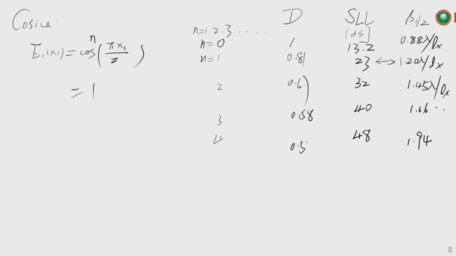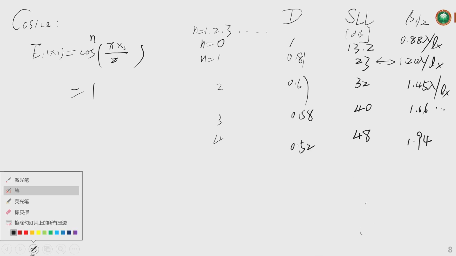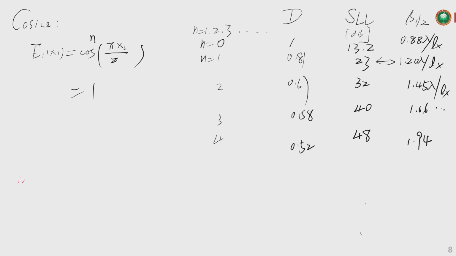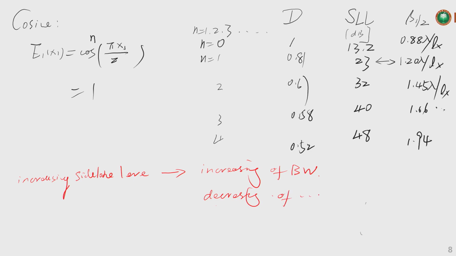858, 852. So for the static condition, when we set a non-uniform distribution illumination and want to reduce the side lobe level, it is going to lead to an increase of the beamwidth and also a decrease of the directivity, right?